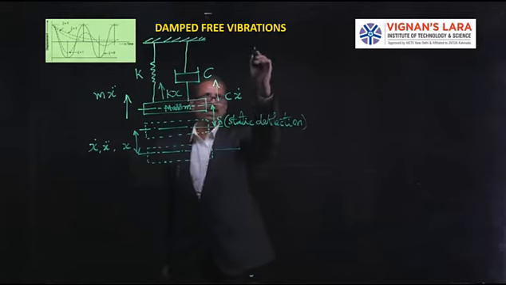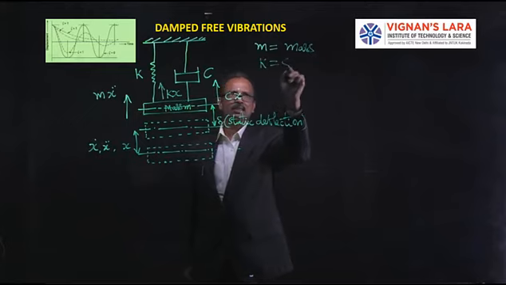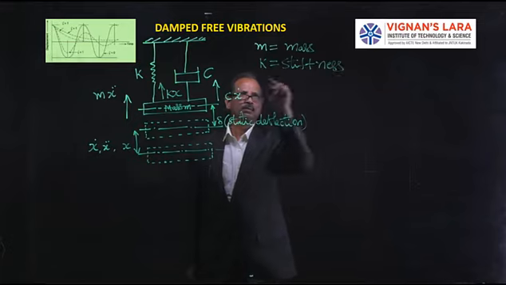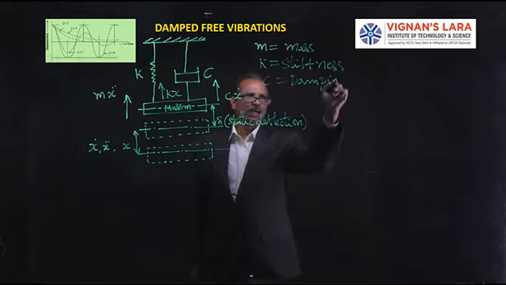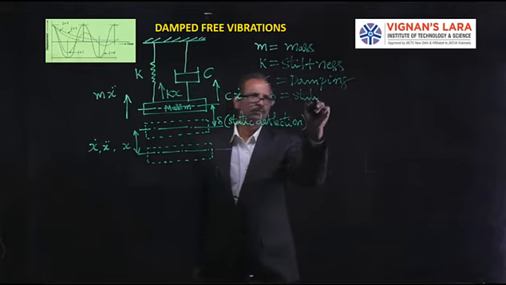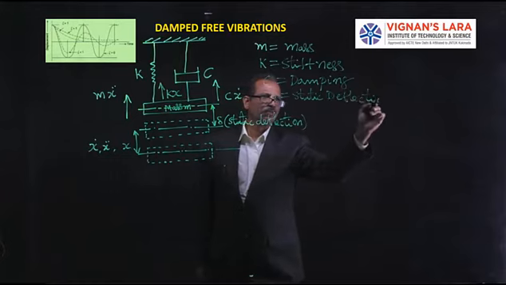Here m is the mass, k is the stiffness, c is the damping, delta is the static deflection, and x is the displacement given.